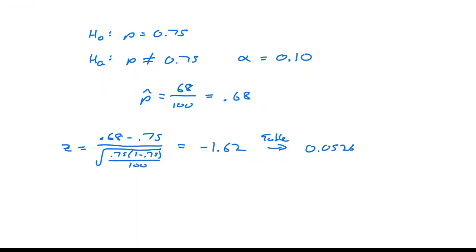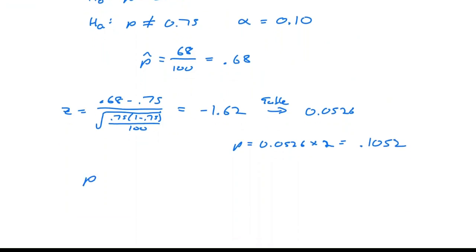But because this is a two-tailed situation, we have to take that value and multiply it by 2, which gives us 0.1052. And suddenly, p is now greater than alpha, and what looked like we were going to reject the null, we fail to reject the null. So really watch for that. It can make a difference. We fail to reject the null.